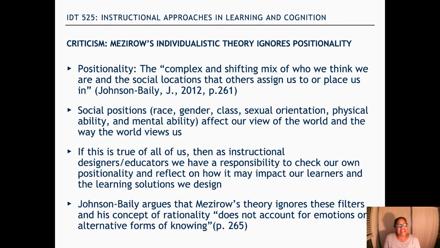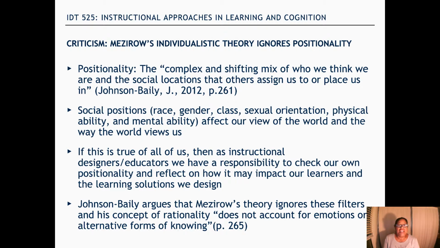Okay, this slide is my effort to bring up this notion of positionality. This author, Johnson Bailey, isn't referenced in the chapter, but she does write a chapter in the Handbook of Transformative Learning, and she talks about positionality.